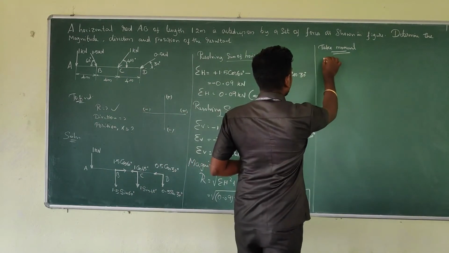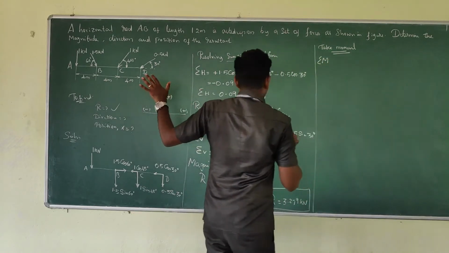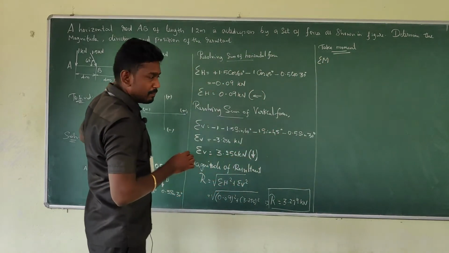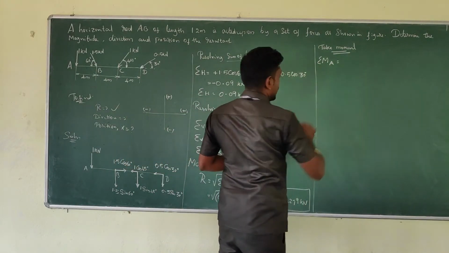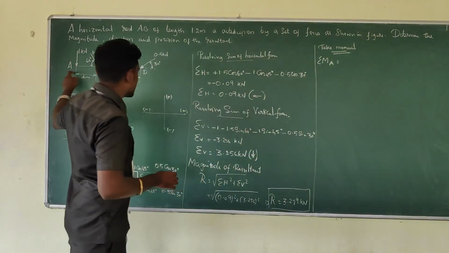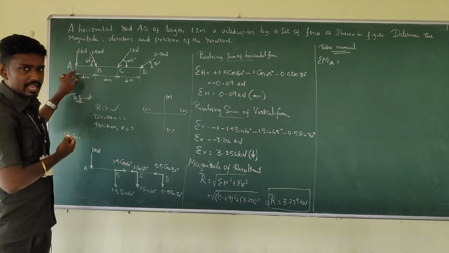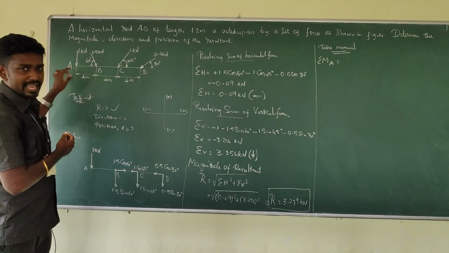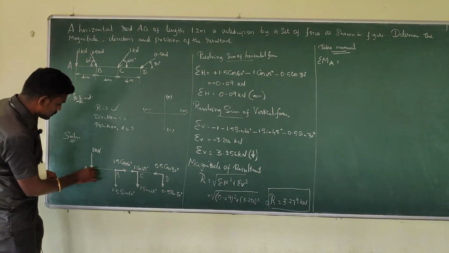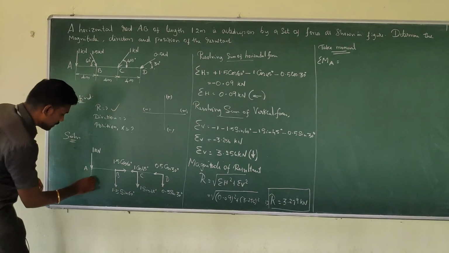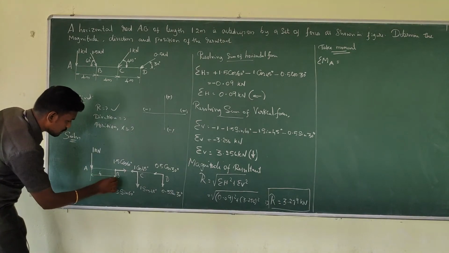When you take the moment, I am going to take sum of moments which is acting on the beam about the point A. Any point we can consider, but I am going to take the moment about the point A. Here we need the measurement, so I am noting this 4.